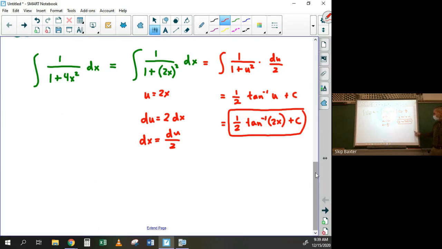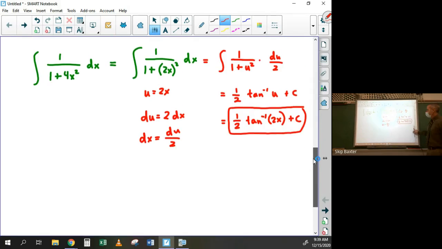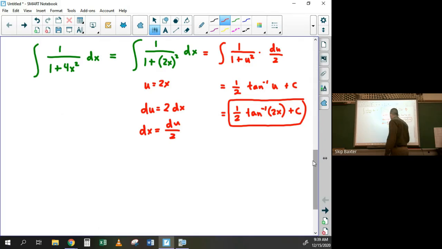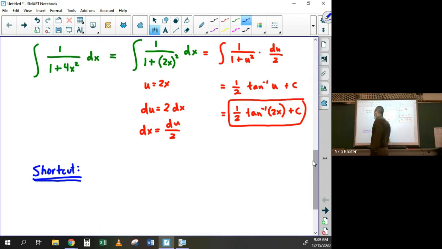I think this is a good opportunity for me to tell you about a little shortcut for u substitution. This is a really valuable shortcut. So the shortcut is this.